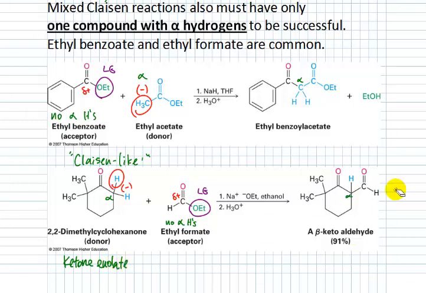So for that, we just have a beta keto aldehyde. It's not an ester. Up here, the standard Claisen reaction where we mix two esters together will always give us a beta keto ester, like that. So if our nucleophile is just a regular old enolate, like we saw in the last chapter, not an ester, we end up with just two carbonyls beta to each other.